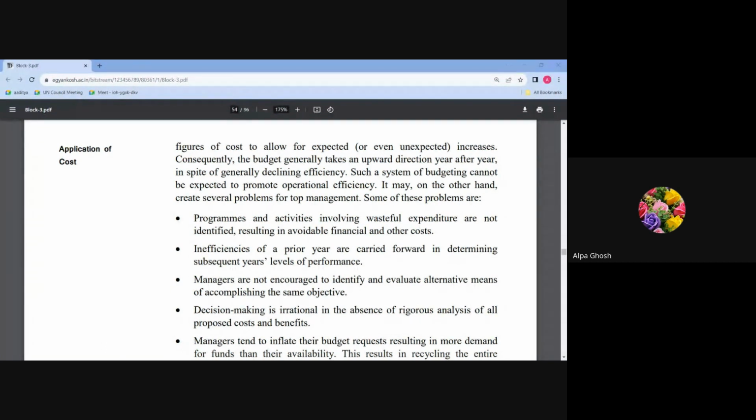We only take into account what we need to do right now, the present performance. We start from scratch and we believe that whatever the performance of the previous years, that is zero. Okay? Is that clear? It's clear, doctor. Okay.